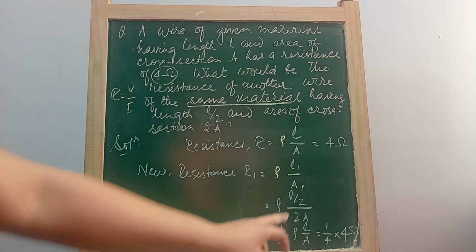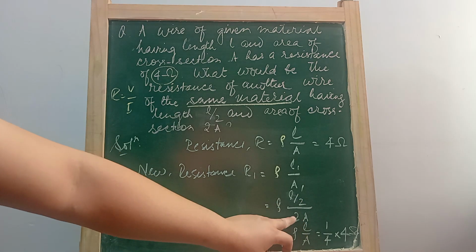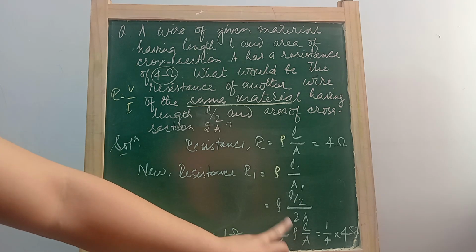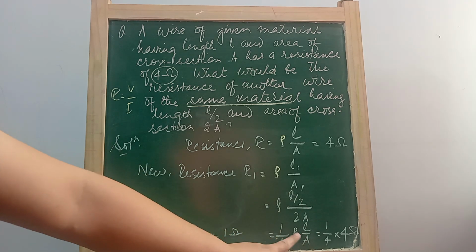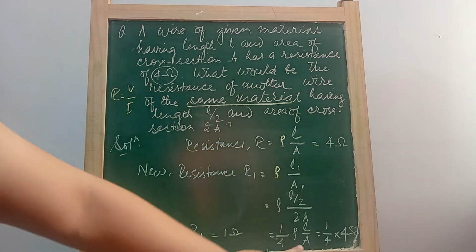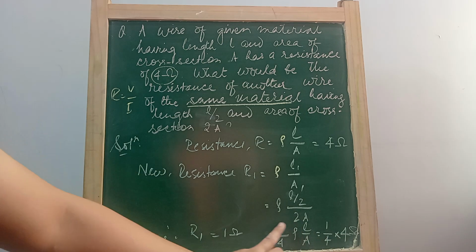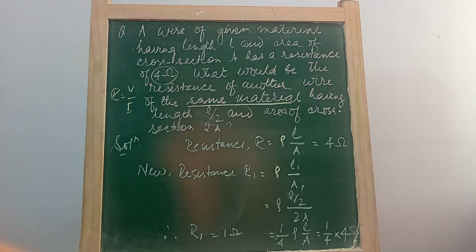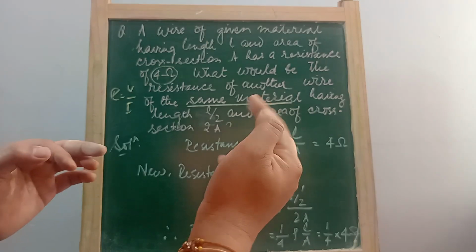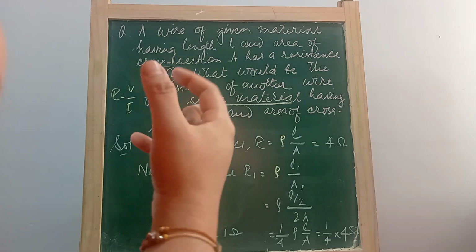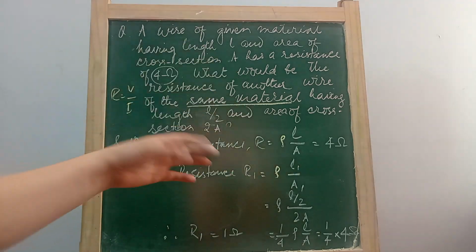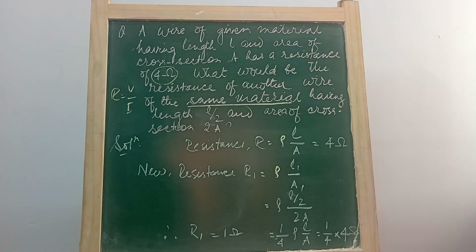Simplify it: the 2 below comes as a denominator, that means 1 by 4. What remains is rho, the length, and A. Rho L by A is the original resistance given, that is 4 ohm. So replace it by 4. 1 by 4 multiplied by 4 is 1 ohm. So the resistance of the new conductor of the same material with length half and area of cross section double would be 1 ohm.